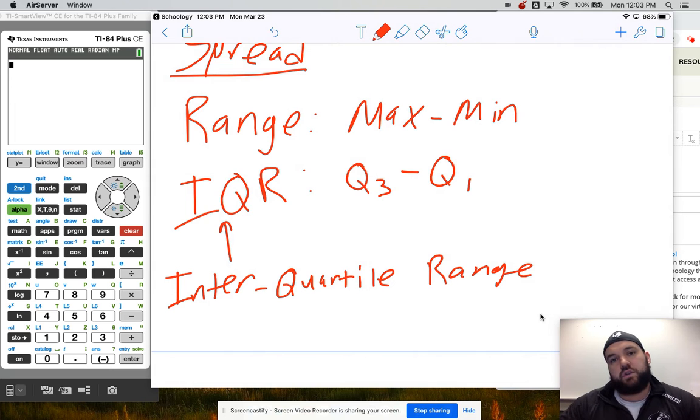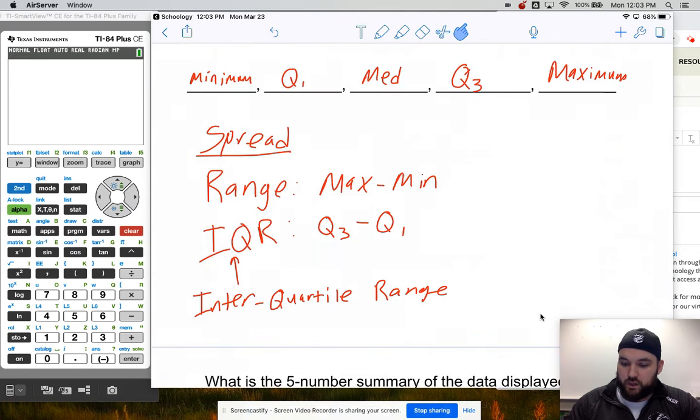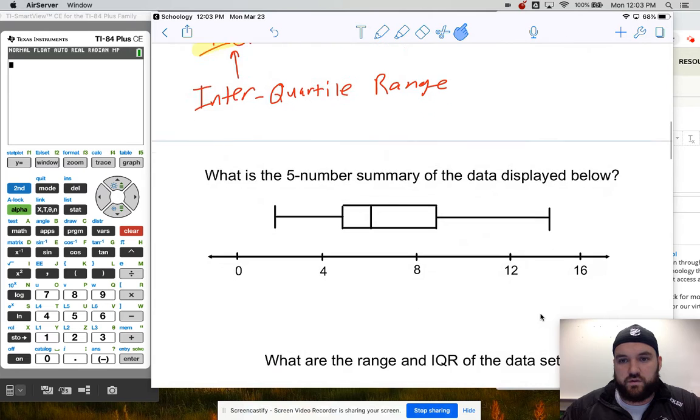Both of those values are a single number, and we can use them to compare different data sets to see how spread apart, or how clumped together, the data points are. So we have this 5-number summary, but then we also have 2 values that aren't part of it and that the calculator won't tell us: the range and the IQR, which are just simple subtraction calculations.